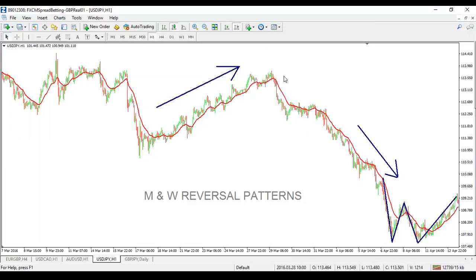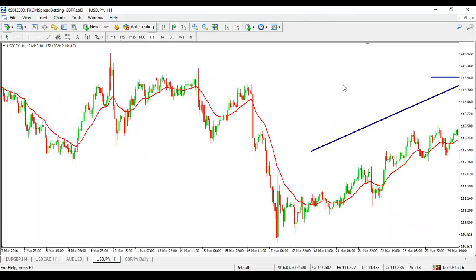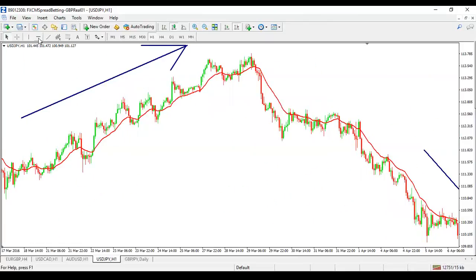Now, ignoring this part here, you'd see a high here, and then it falls. Okay, and it goes up, and if you zoom in a touch, it's nigh on a double top.